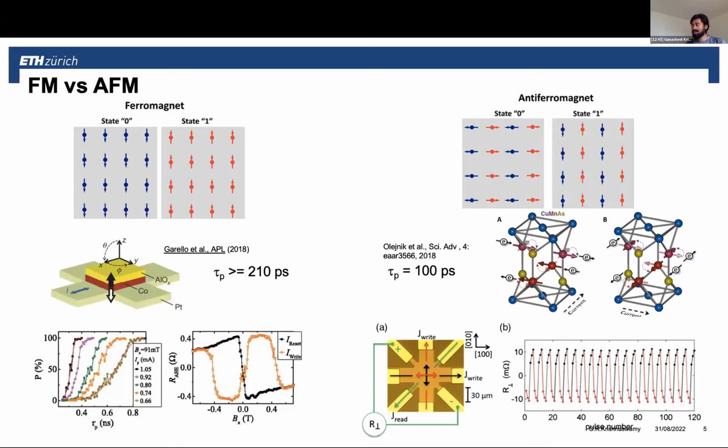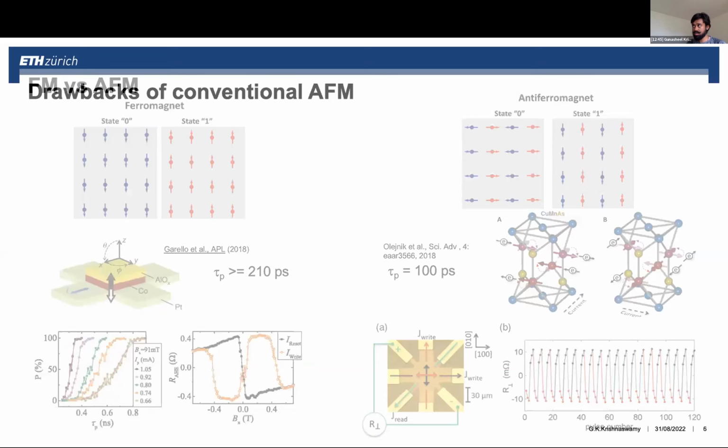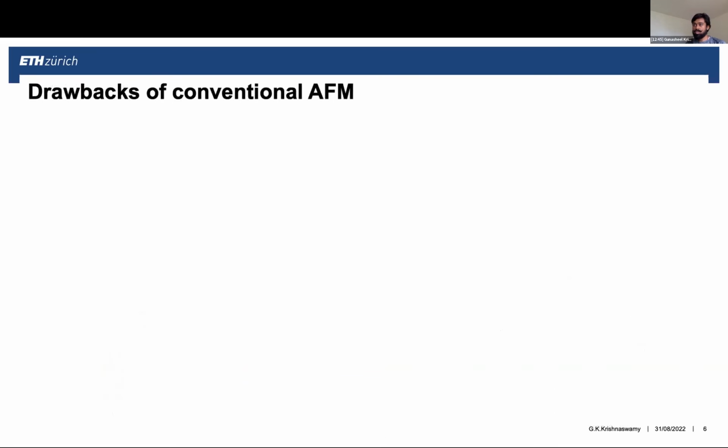And in antiferromagnets, what has been experimentally observed is 100 picoseconds, while they expect the dynamics to be much, much faster in the terahertz regime, and a lot more robust than ferromagnets, which is why antiferromagnetic spintronics is interesting.